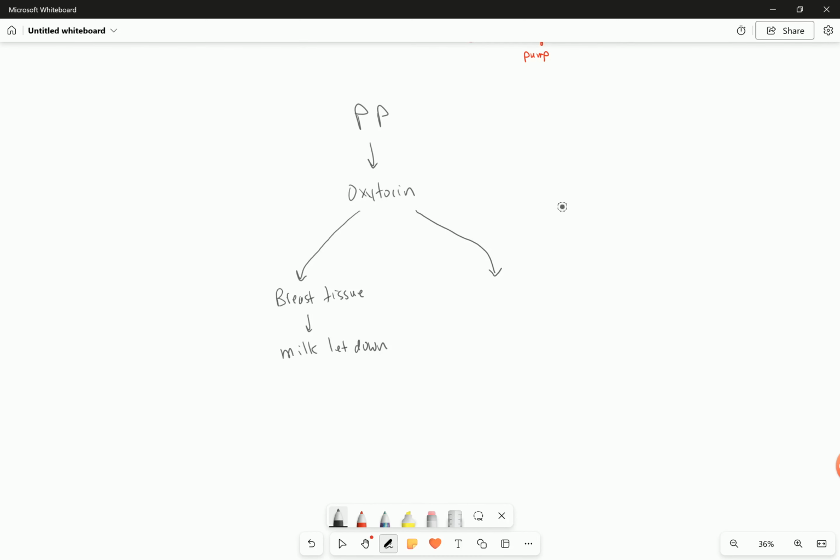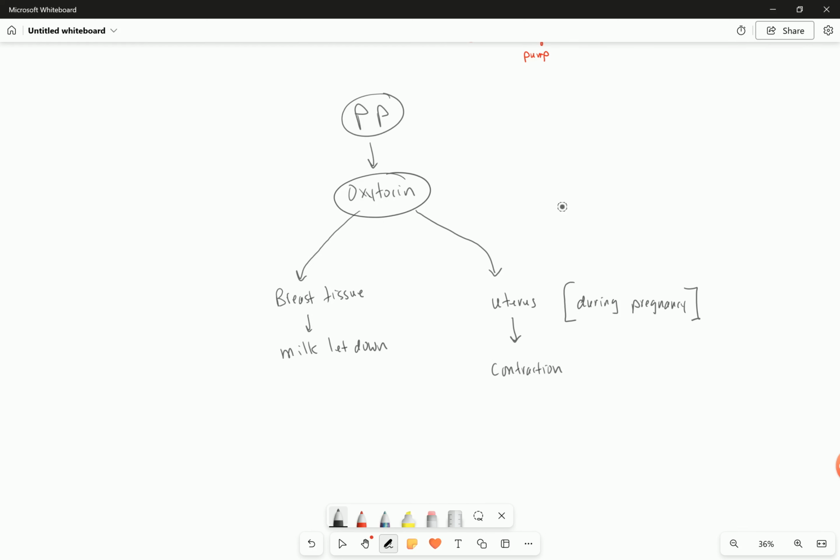And if oxytocin goes to the uterus, and this is going to be during pregnancy, then you're going to get contraction to help push baby out. So when the head of the baby presses against the wall of the uterus, it sends a feedback mechanism to the posterior pituitary to release more oxytocin to make the uterus contract harder to help push baby out.